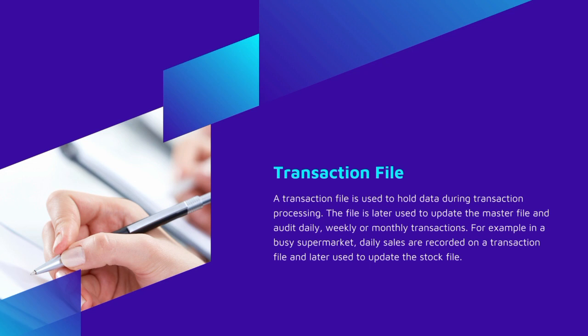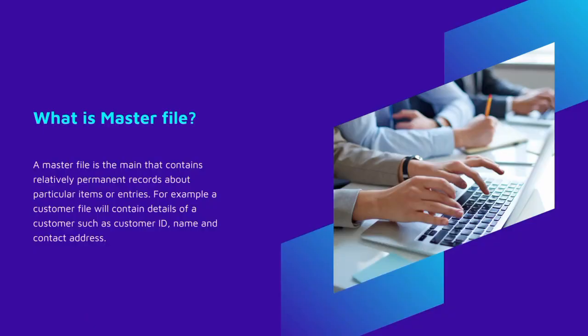A transaction file is a file that is used to update a master file. Shortly, we will be talking about a master file. Now, what is a master file? A master file is the main file that contains relatively permanent records about particular items or entries.